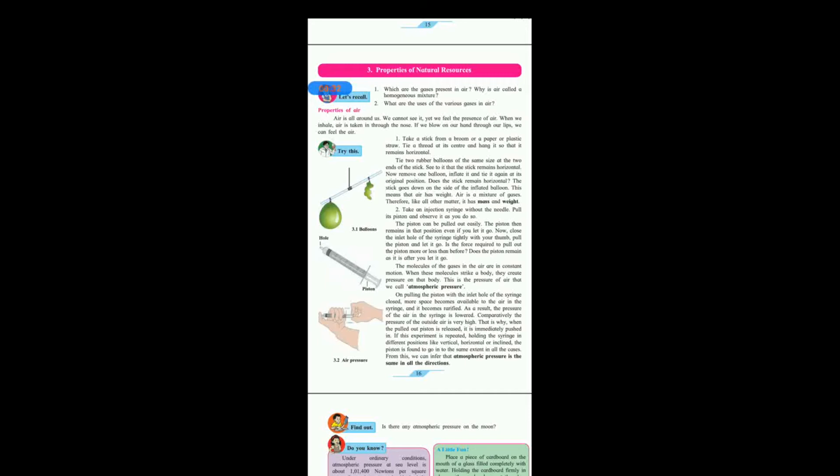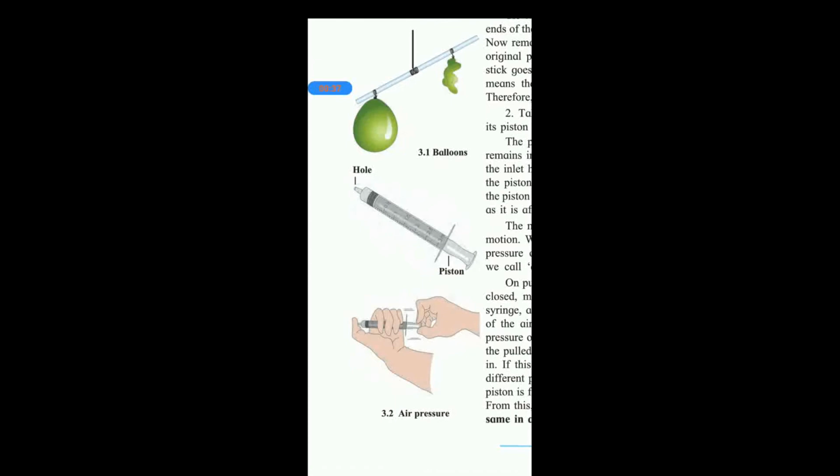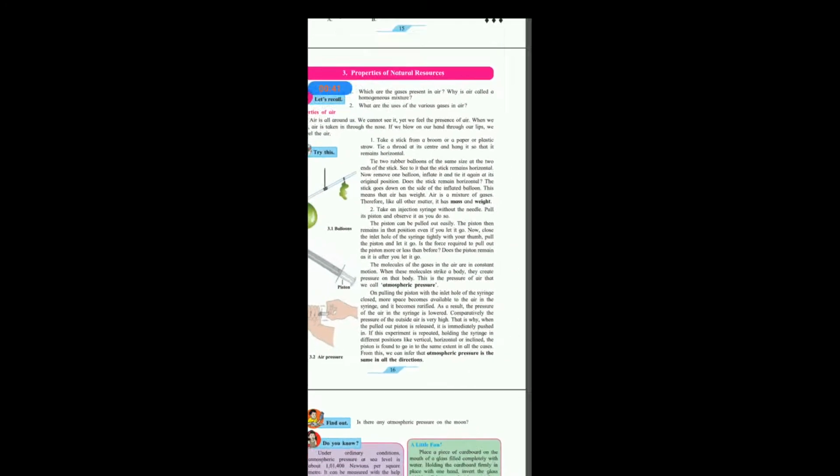From that we have seen two experiments, and we have come to the point that air has mass and weight. Even yesterday we saw the definition of atmospheric pressure. The molecules of gas in the air are in constant motion.